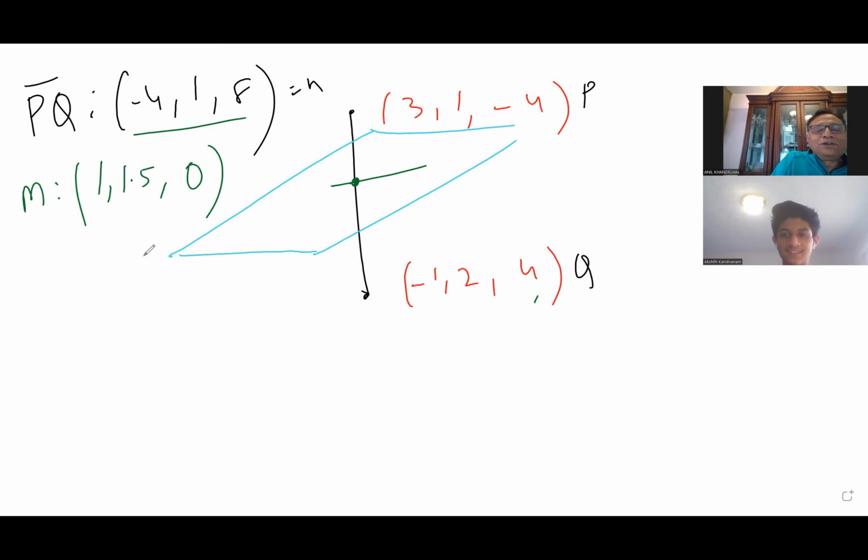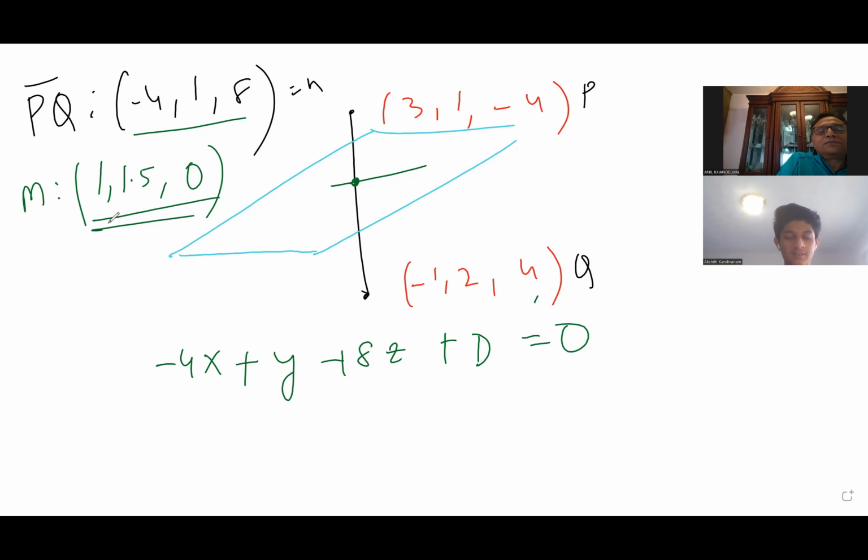Now you have the equation, which is minus 4x plus 1y plus 8z plus d equals 0. Plug in the point. When you put 1 here, you get minus 4, plus 1.5, plus 0, plus d equals 0. Find d.